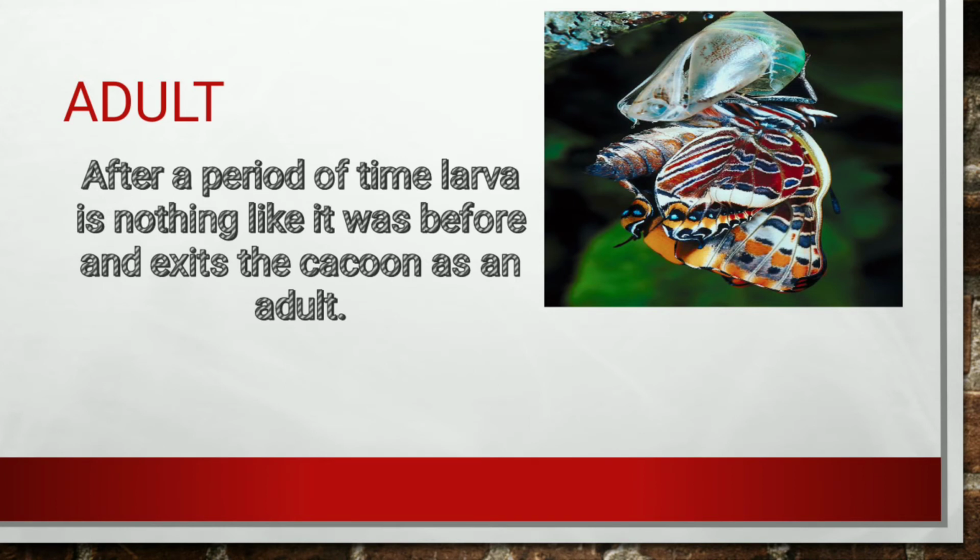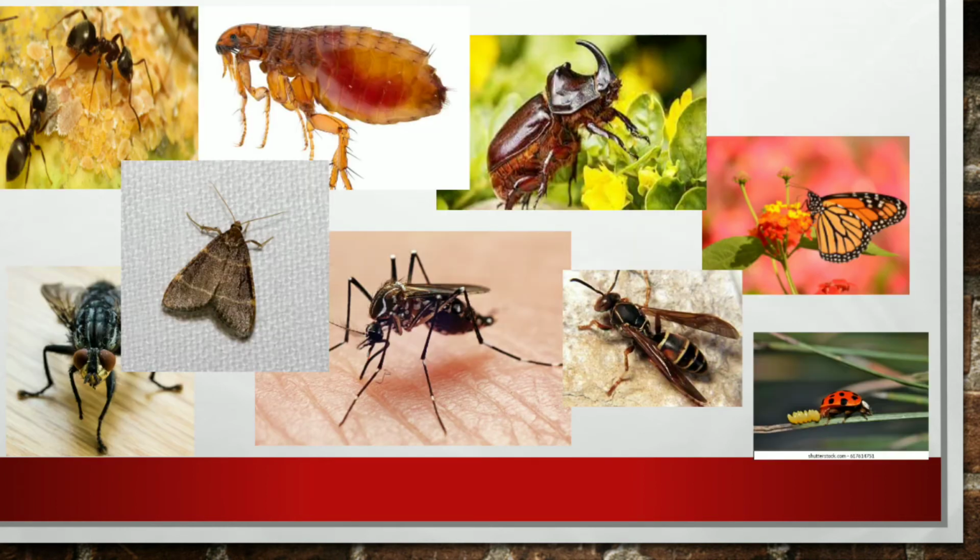Ayan, naging butterfly na siya, di ba? Ang ganda niya tignan. Aside from butterflies, some of the insects that undergo complete metamorphosis include mosquito, fly, ant, flea, beetle, moth, and wasp. Ayan yung mga yan.